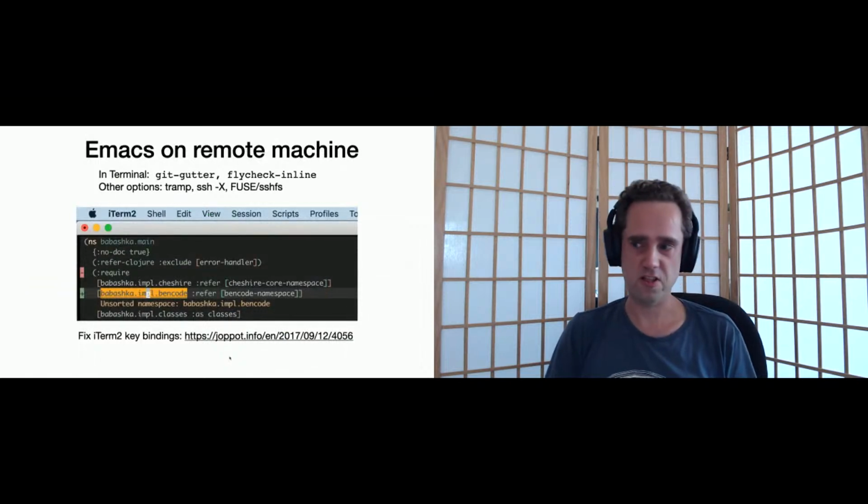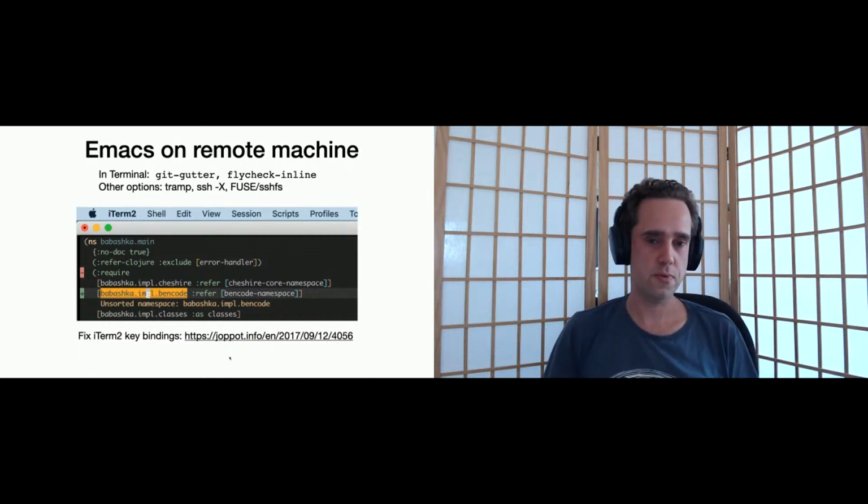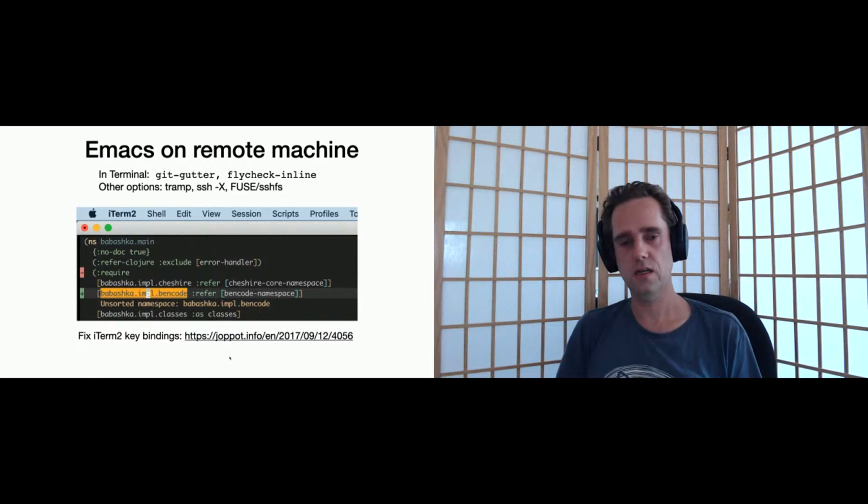My primary editor is Emacs. I tried a couple of different ways to run Emacs, like through an SSH -X server tunnel, or mounting all the files via SSHFS. And I also tried running Emacs locally through Tramp, but all these approaches had downsides.